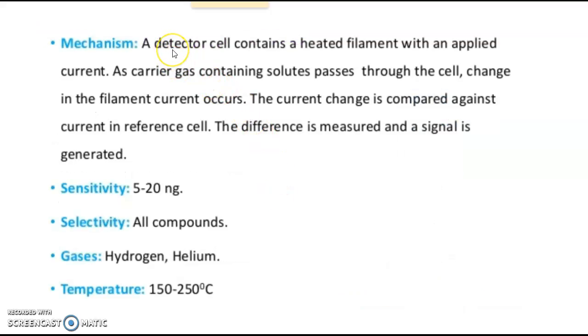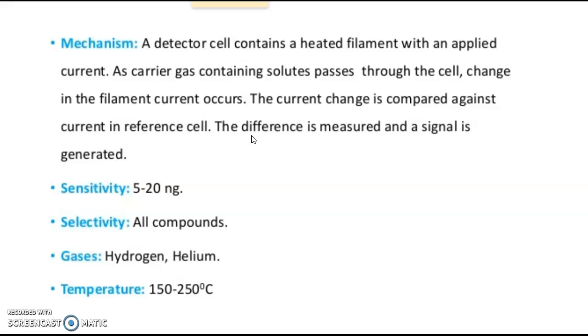The mechanism of that detector is: the detector cell contains a heated filament with an applied current. As carrier gas containing solutes passes through the cell, a change in the filament occurs, that is, a current change occurs. The current change is compared against the current in the reference cell.